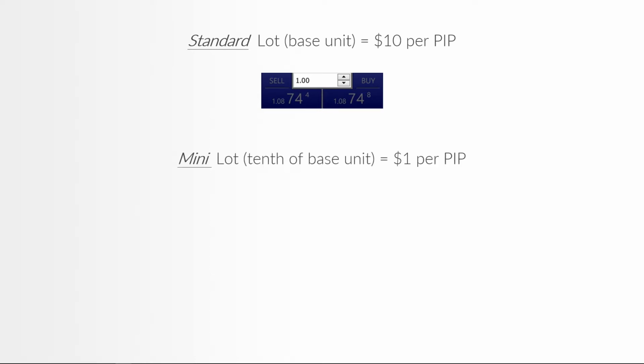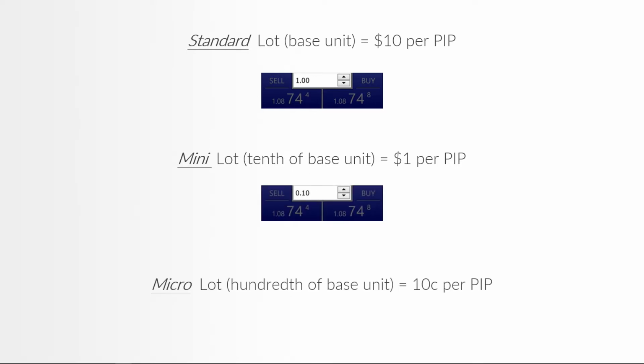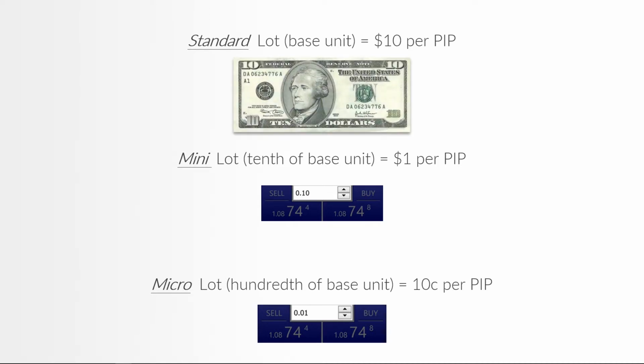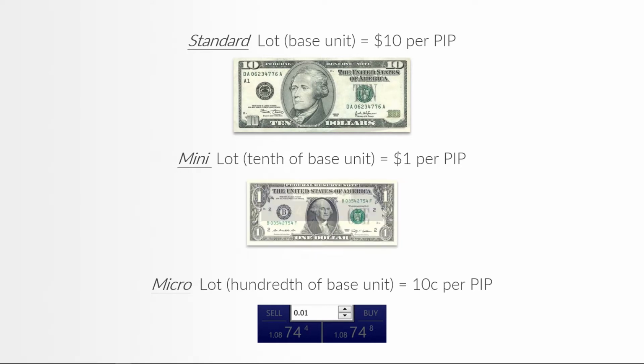Likewise, mini lot, 1/10, $1 per pip. And with a micro lot, 1/100th of the base unit, 10 cents per pip, 0.01. So that's the actual profitability calculations that you can do in advance.